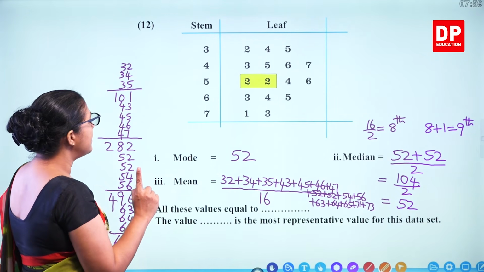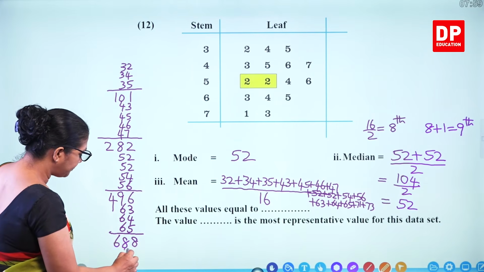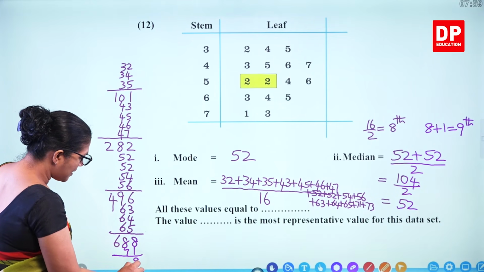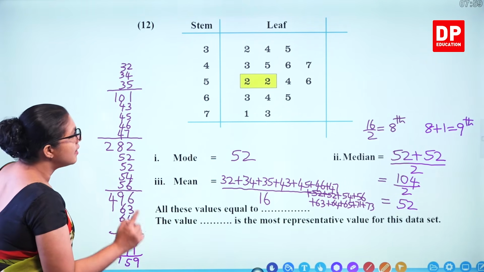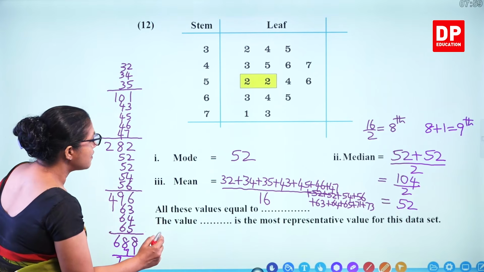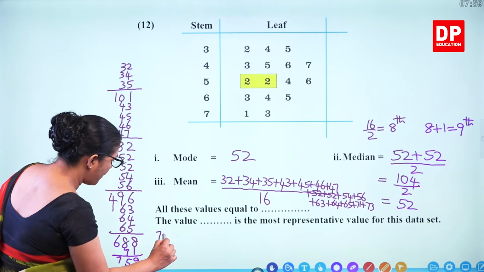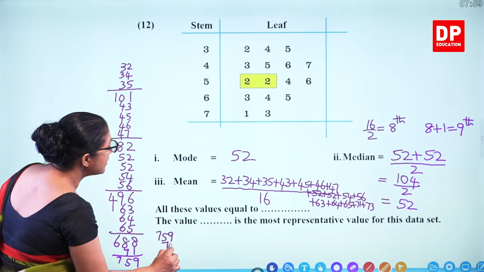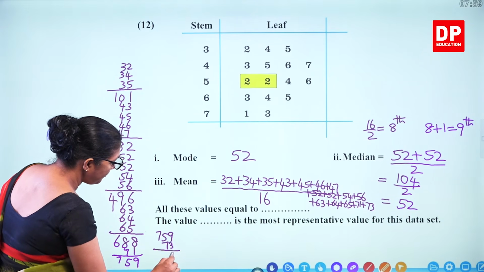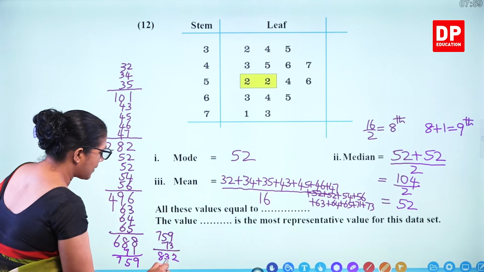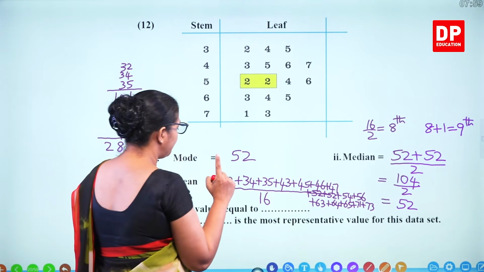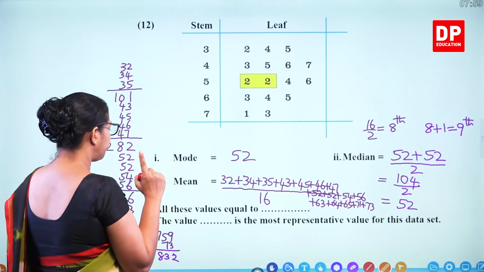So we have to add 71, that's 9, 5, 7, and 73 you have to add, 71 and 73. 759, add 73. 832 divided by 16.